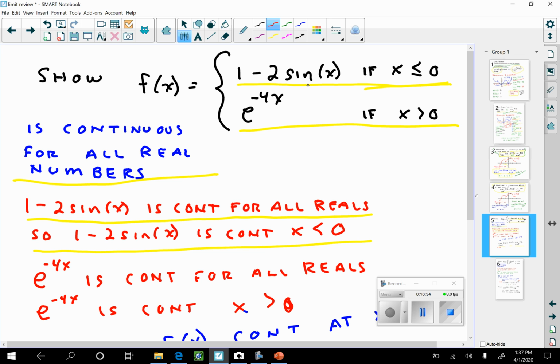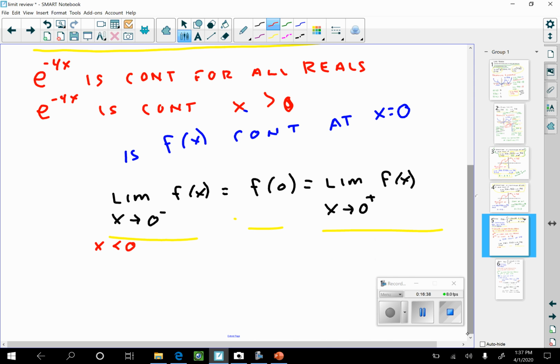I'm going to put 0 into this piece right here, which is going to be 1 minus 2 sine of 0. Well, the sine of 0 is 0, 2 times 0 is 0, so that's going to be 1.